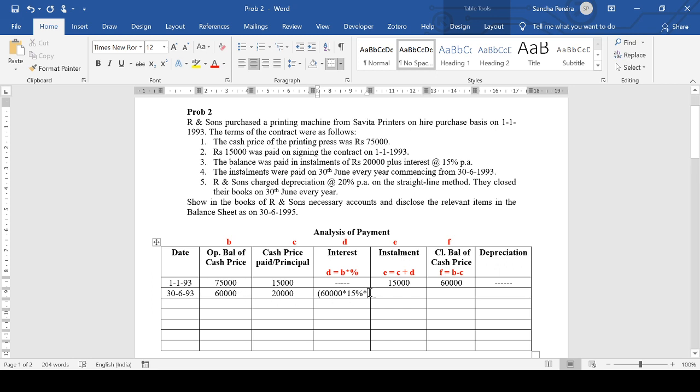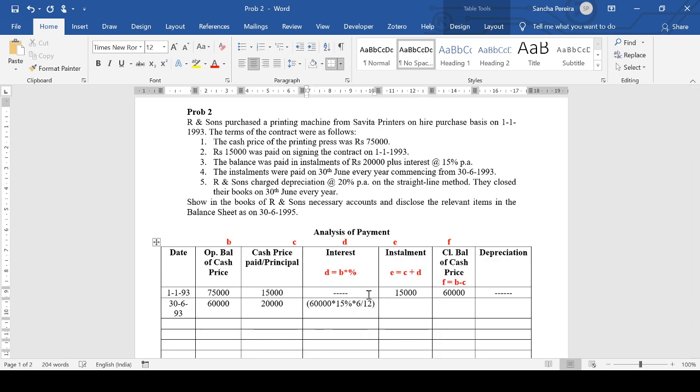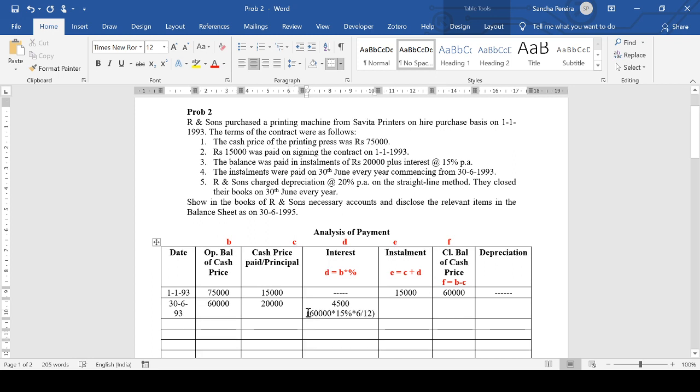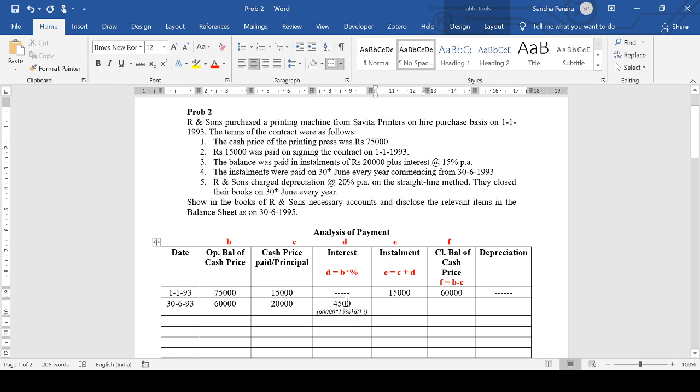So here we are going to do into 6 by 12, and if you do that, you get 4,500. I've just shown the calculation here: 60,000 into 15% into 6 by 12. Just be careful. I have done the 6 by 12 only because it is 30th June.